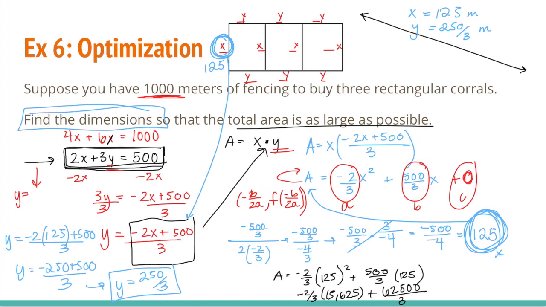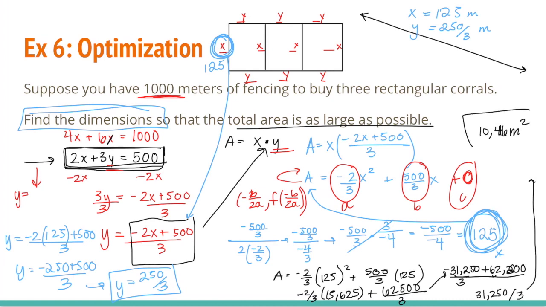We'll keep going. Negative 2 times 15,625 will get me negative 31,250 over 3 plus 62,500 over 3. When I simplify that, I get positive 31,250 over 3, and that simplifies to around 10,416 meters squared would be my maximum area.